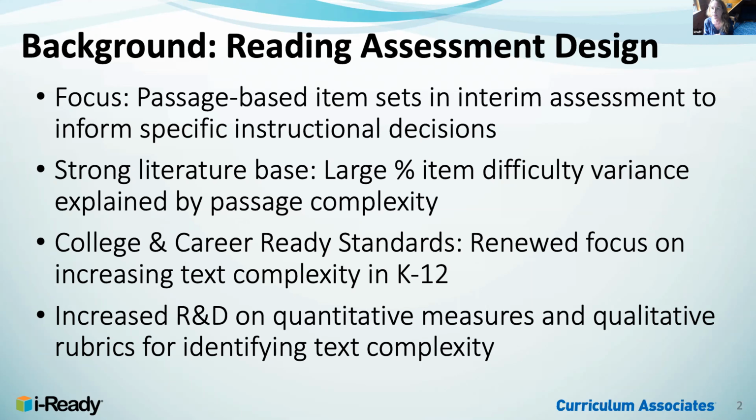Another thing that happened when this renewed focus on text complexity emerged about 10 years ago or so is that instead of just using quantitative measures, and at the time they were fairly simplistic, fairly normative based quantitative measures, there was a big push to use not only multiple quantitative measures, but more sophisticated quantitative measures of text complexity.